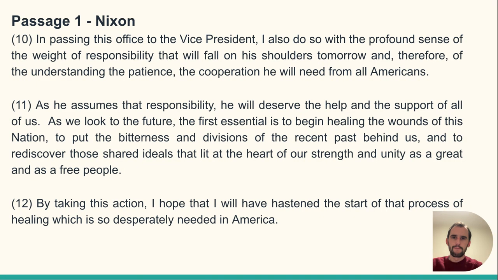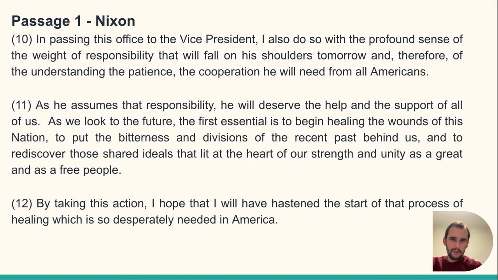So as we read through paragraphs 10 through 12, we see that Nixon is saying, in passing this office to the vice president, I also do so with the profound sense of the weight of responsibility that will fall on his shoulders tomorrow, and therefore of the understanding, the patience, the cooperation he will need from all Americans.